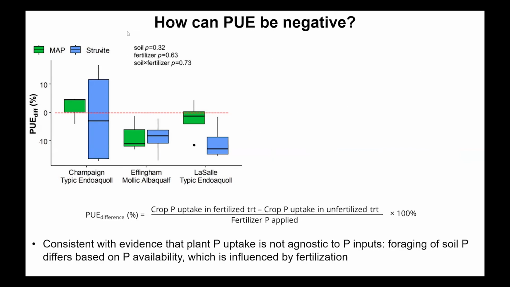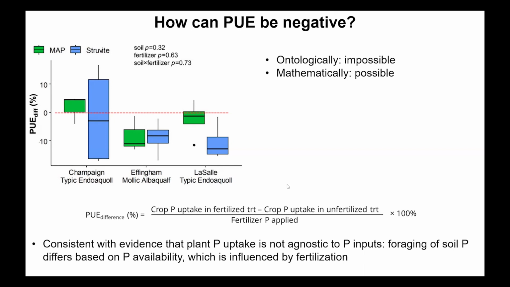So the question is raised, how can PUE be negative? Just like PUE by balance exceeding 100%, the same goes for PUE by difference. It can be negative. Ontologically, that's impossible. But mathematically, of course it's possible. If we look at the equation shown below, all we're saying is that there was more P uptake when the corn had no P applied than when the corn had P applied.